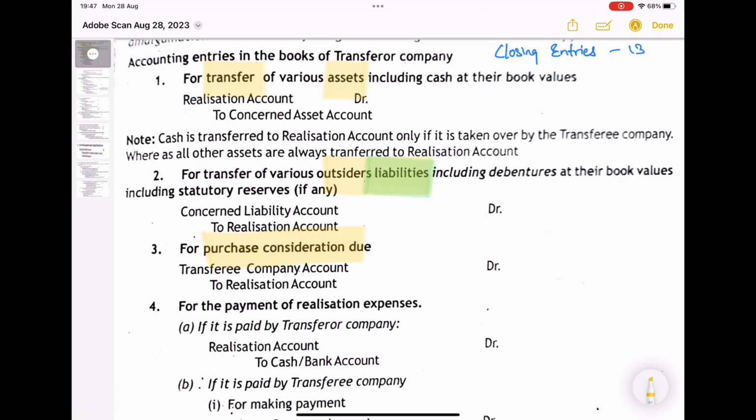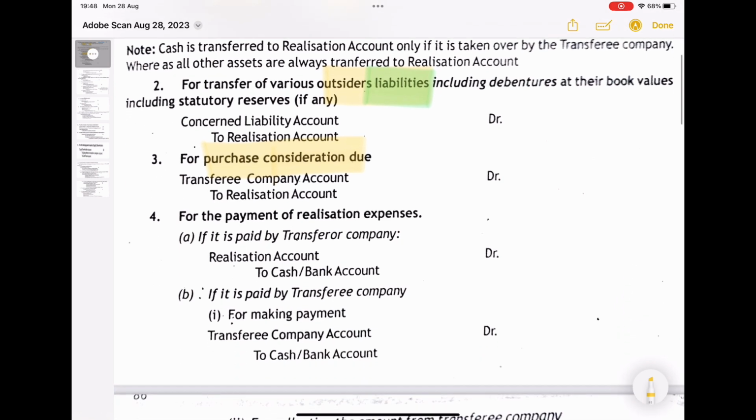So we will be calculating PC first. It will be calculated in the first step itself, the calculation of purchase consideration. After calculating purchase consideration, we are going to pass these entries, isn't it?